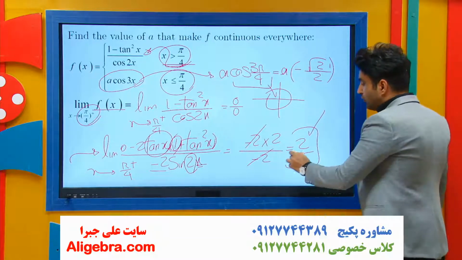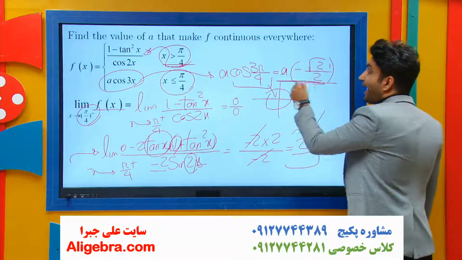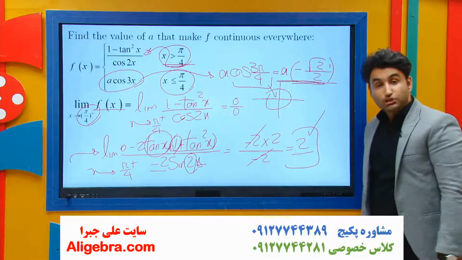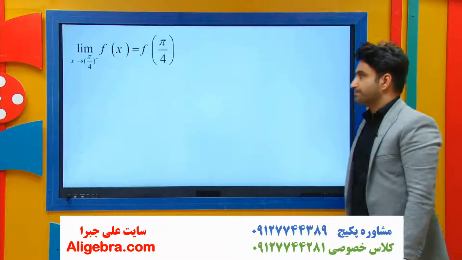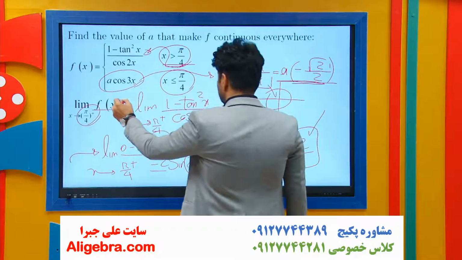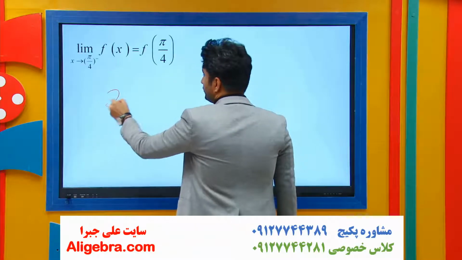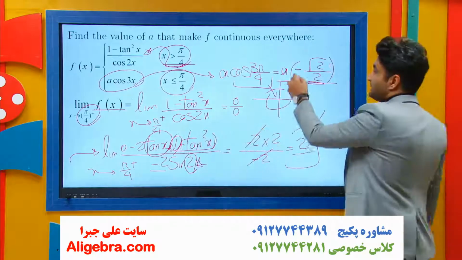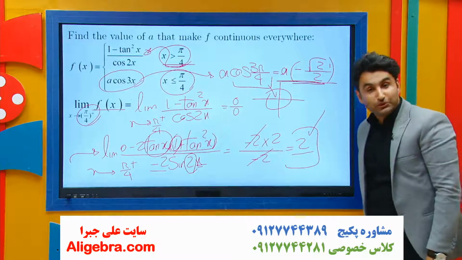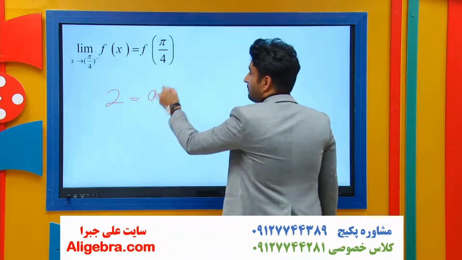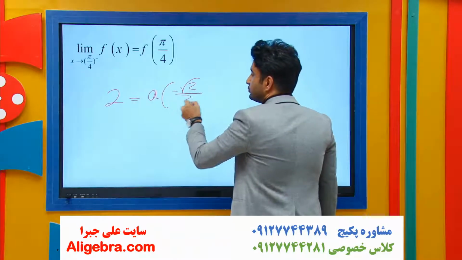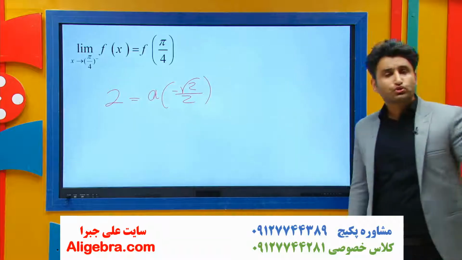Now 2 must be equal to a times minus the square root of 2 over 2. So 2 equals a times minus the square root of 2 over 2. What should I do?